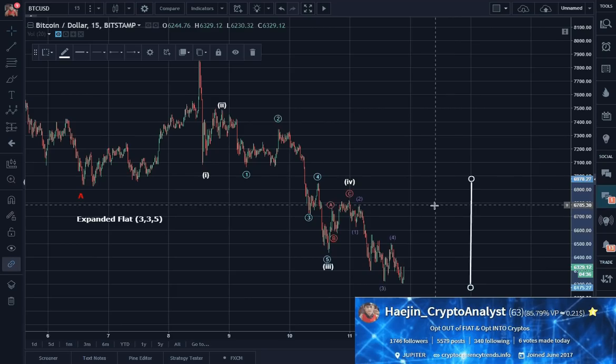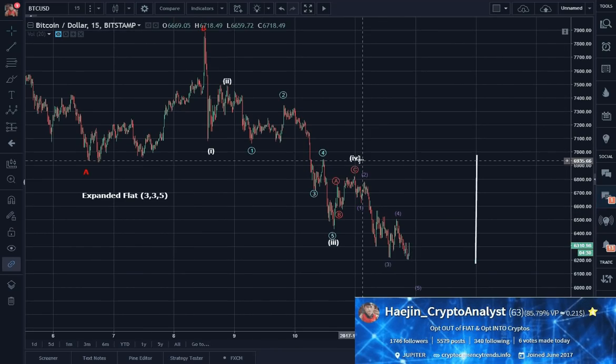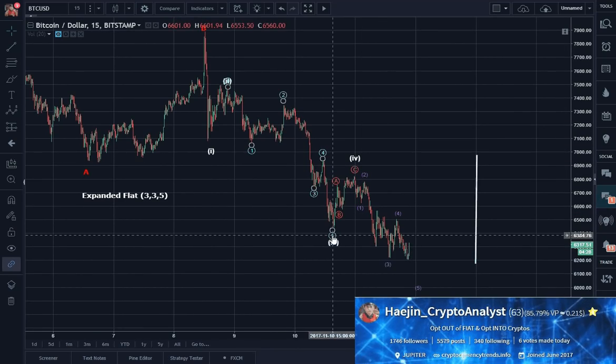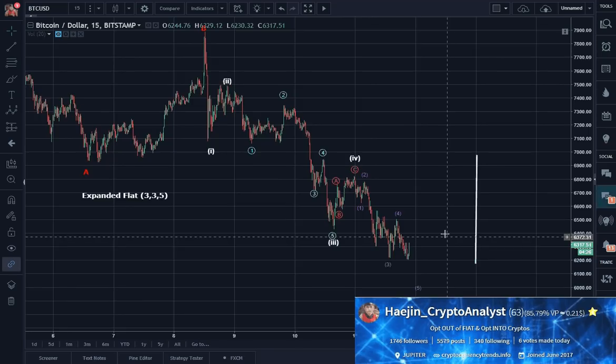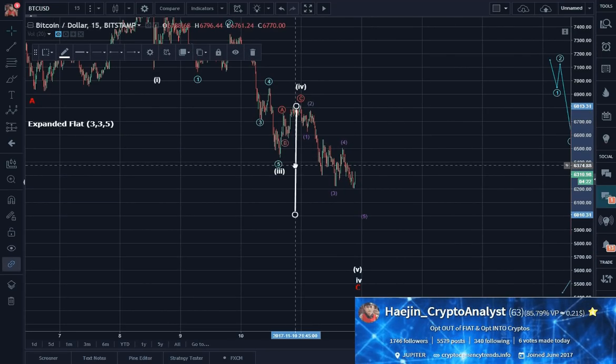I'm not going to do any math. The reason I'm doing this is because if wave 3 is extended, usually 1 and 5 are about the same in price height. So here's a peak of 1.